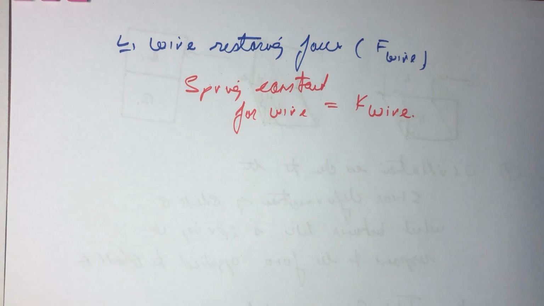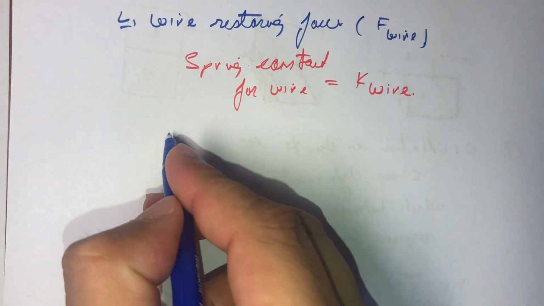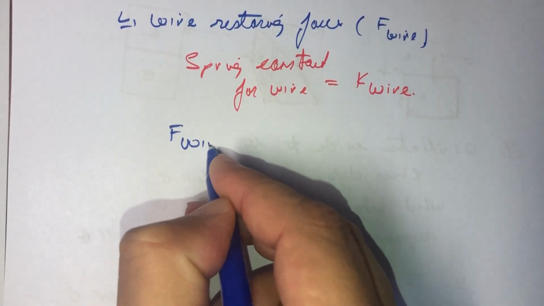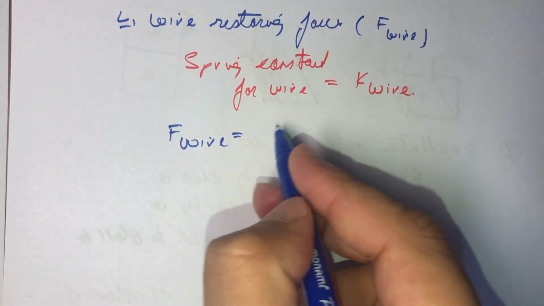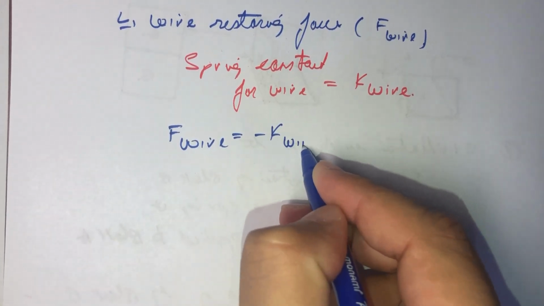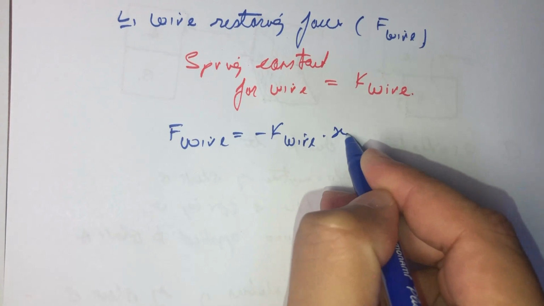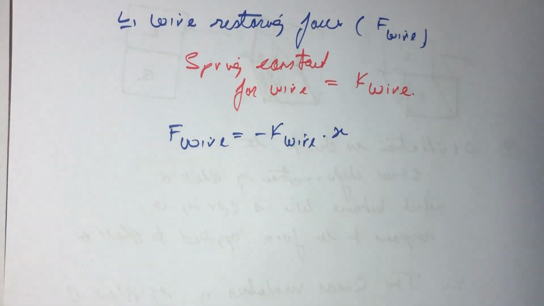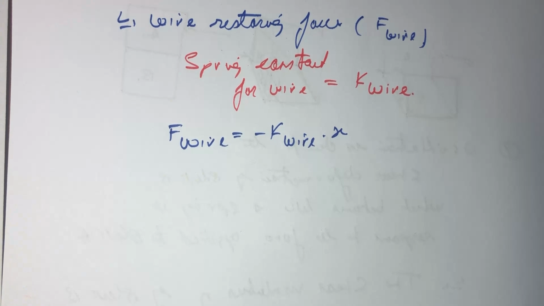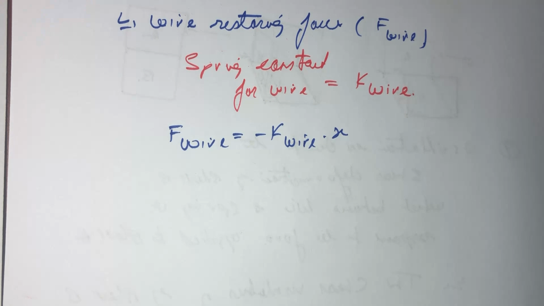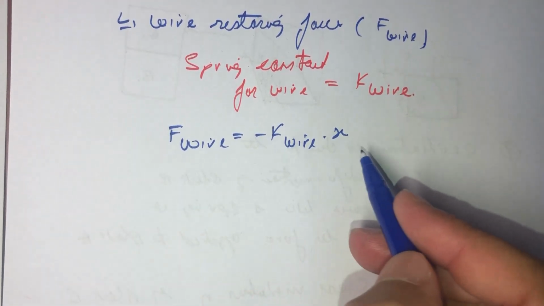So we can write that F wire will be equal to minus K wire multiplied by X. And for the wire, this X is the amount of elongation in the wire.